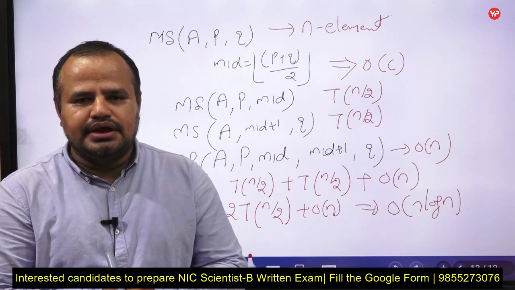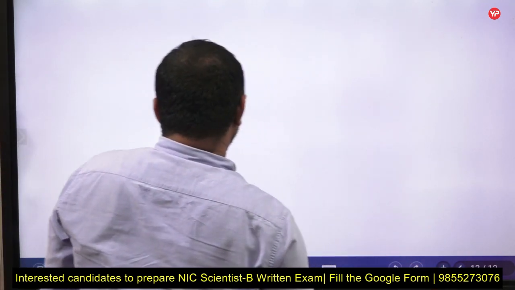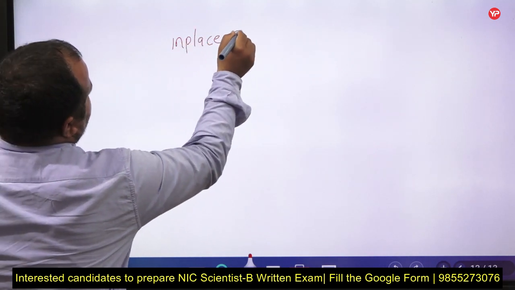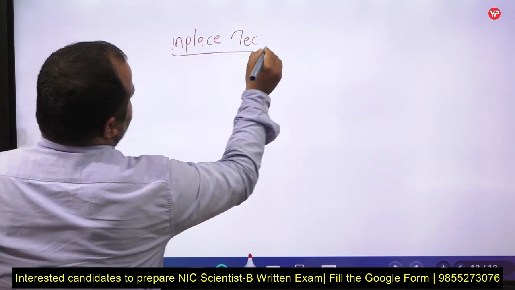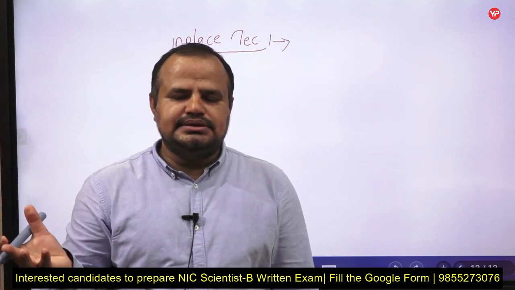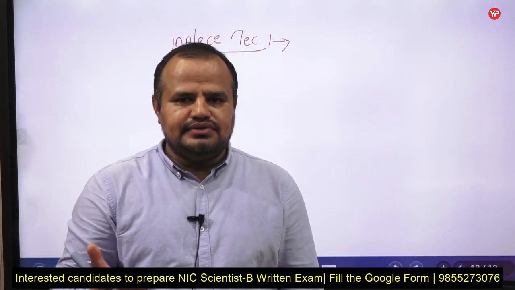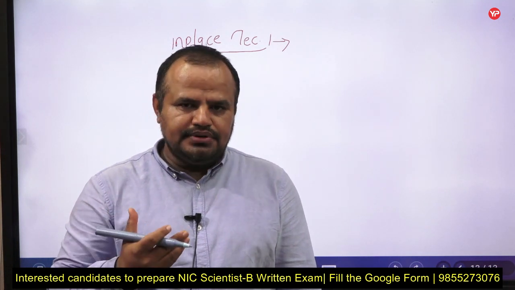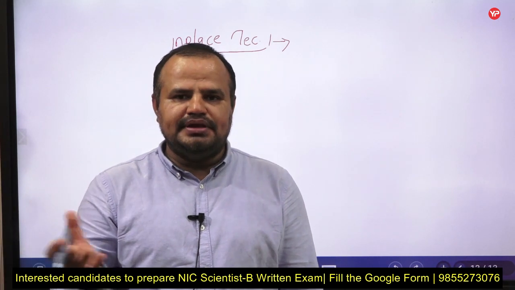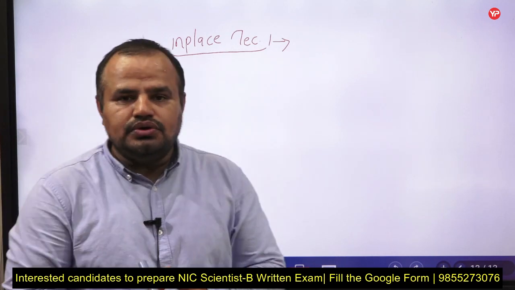Getting my point? So we have one more term, that is in place technique. What do we mean by in place technique? If we want to sort some array, and while sorting the array I am taking some auxiliary space or some extra space, then I can say my technique is not in place.